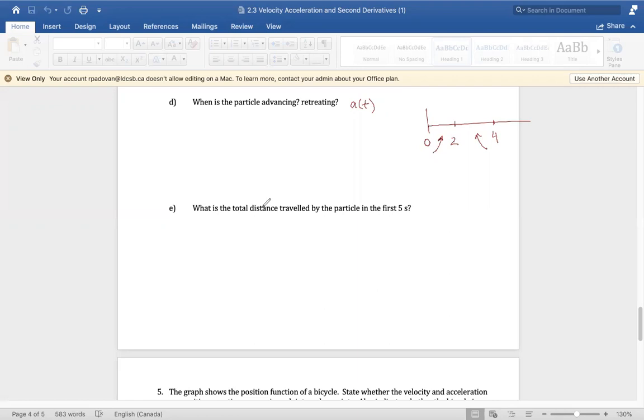Sorry, the question is not talking about speed, we're talking about velocity. So plug in 1 and plug in 3 into the velocity function. You could have plugged in any number you want.